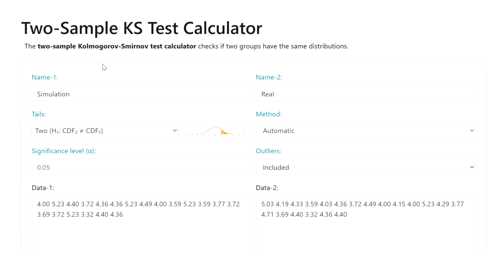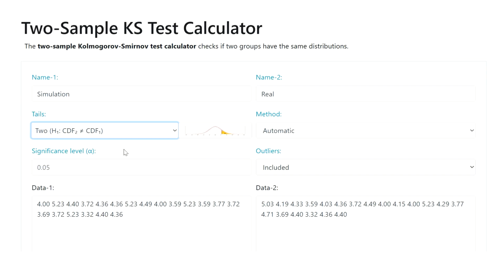And as you're able to recognize, I already did the dirty work, meaning that I have already indicated that one set of data is called simulation, so produced by the simulation model. The second one is real data. No changes here. I mean that there are a few options, but we are not making any changes here.